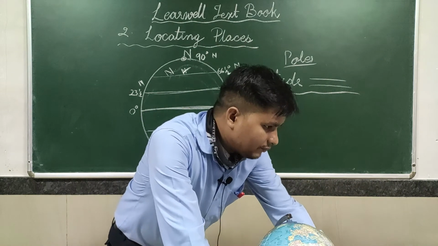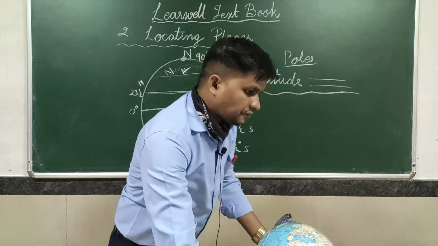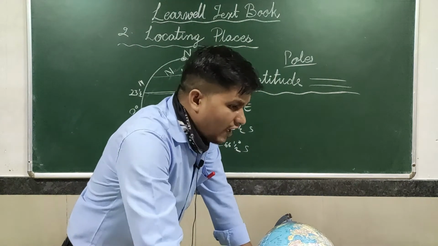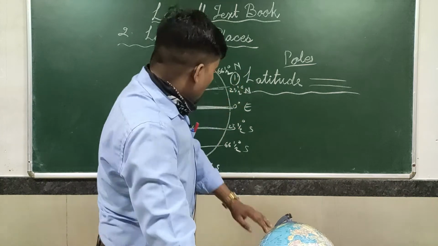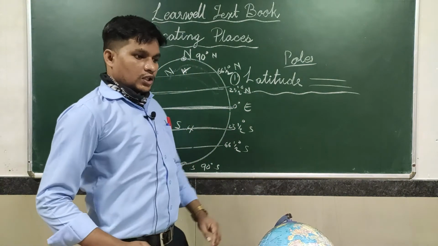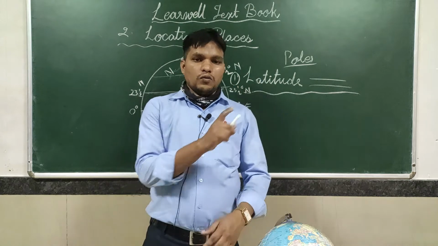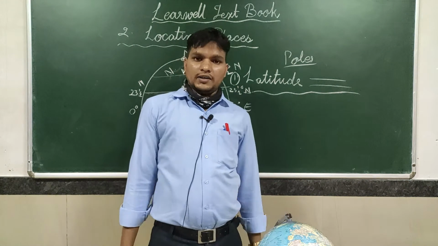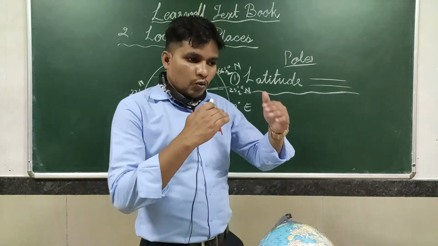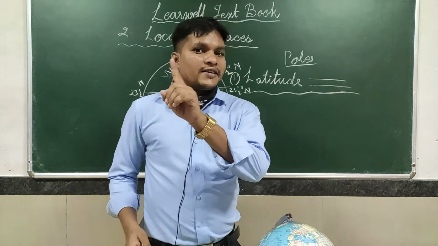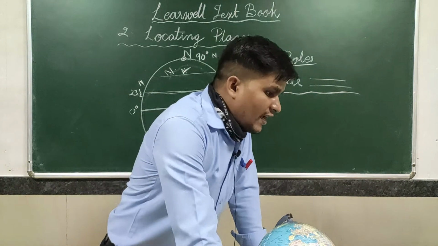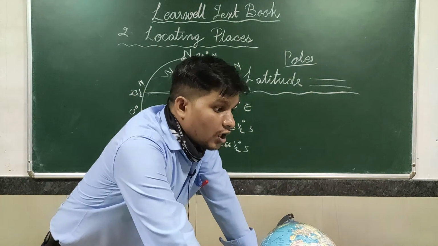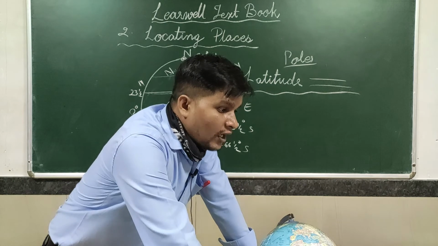Next point, the parallels are drawn at a distance of 1 degree. So each latitude covers 1 degree distance, we are making the parallels, I mean latitudes, one latitude, another latitude, 1 degree apart. So keep in mind properly. Among them, there are 90 parallels in the Northern Hemisphere and 90 parallels in the Southern Hemisphere.